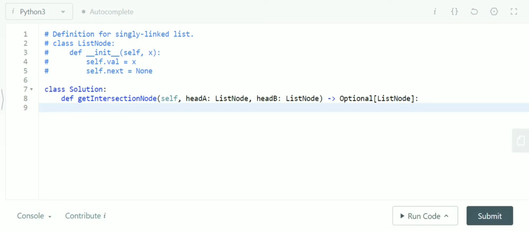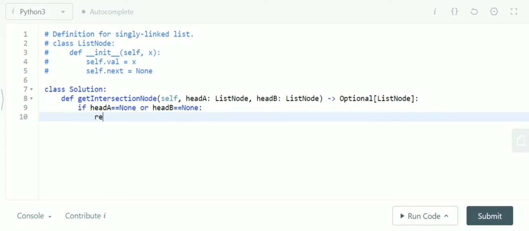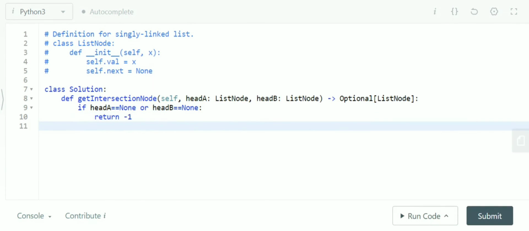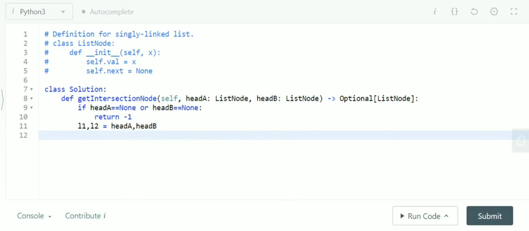The first case would be when either linked list is empty. In that case, there would be no intersection, thus we'll return -1. So if head A equals None or head B equals None, we would simply return -1. Next we'll have two pointers, L1 and L2, equal to head A and head B, the heads of each linked list initially.